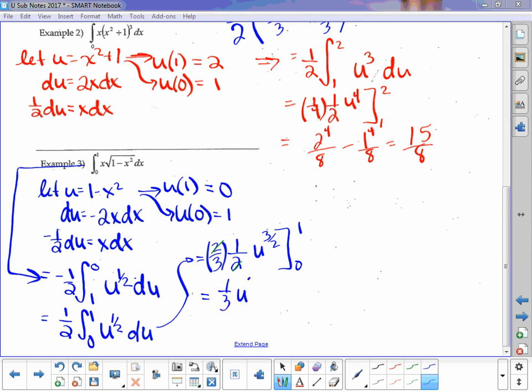Is there a point where you can drop a negative on the bottom?